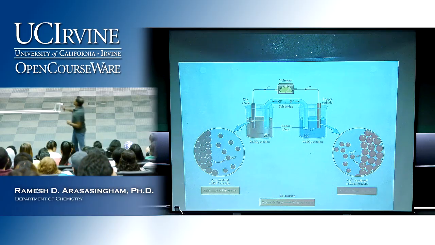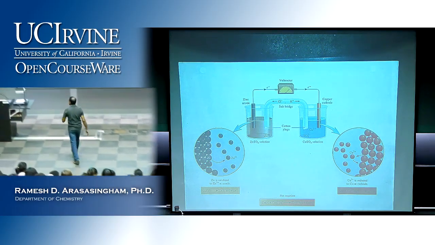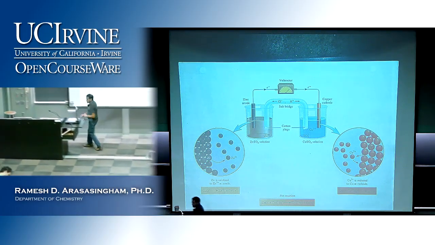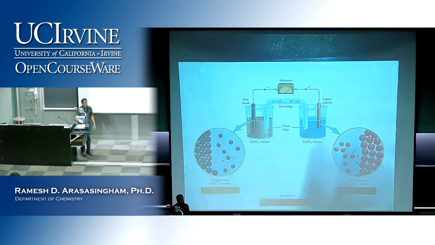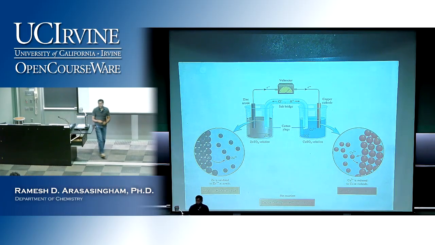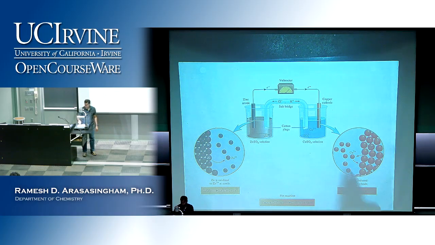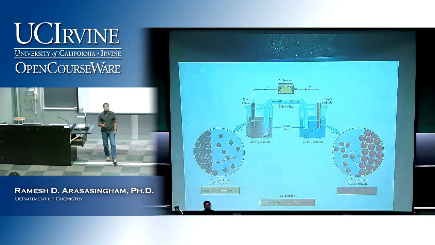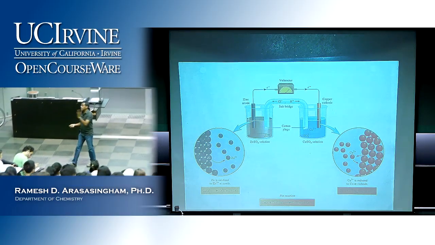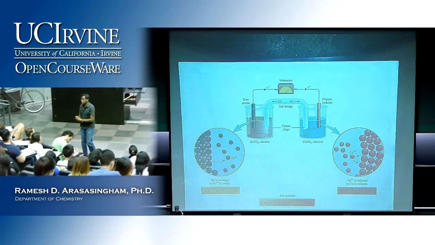All right? Now if you go to the other side where the reduction takes place, here's the reduction half reaction. The electrons that come into the copper electrode are being pulled in, and the 2 electrons react with the copper 2+ ions in solution, and you form a copper solid. So what happens at the cathode is you have more and more copper depositing on that electrode.